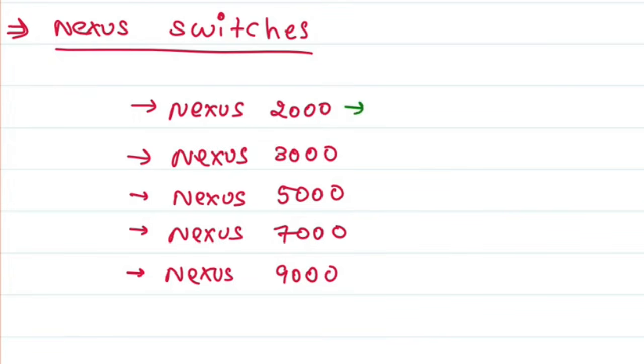Okay. So like I was saying yesterday, the Nexus 2000 series switches are also known as FEX, Fabric Extender, which provides port extension closer to the servers.